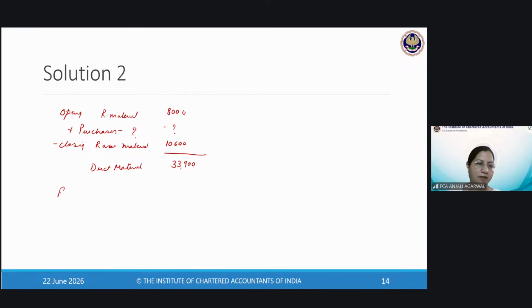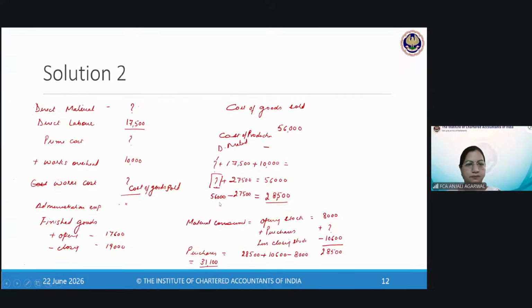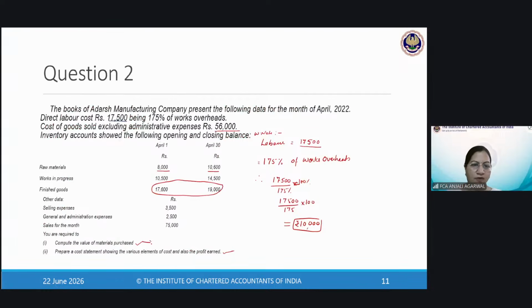So how much should be the raw material purchased? 33,900 plus 10,600 minus 8,000. So your raw material purchased is 36,500 rupees. Okay, value of raw material purchased: 36,500.